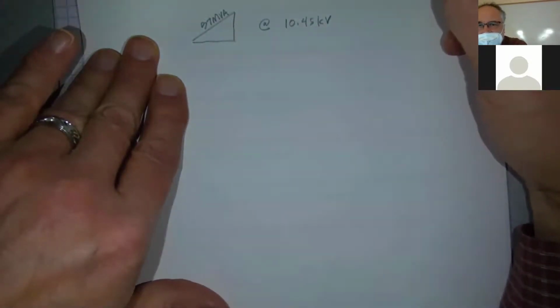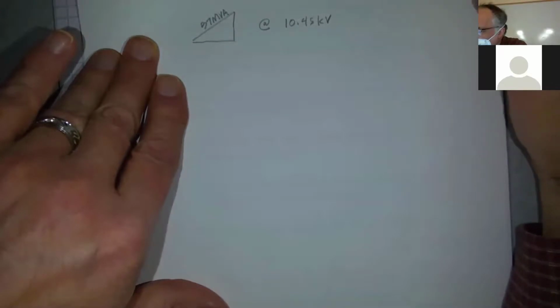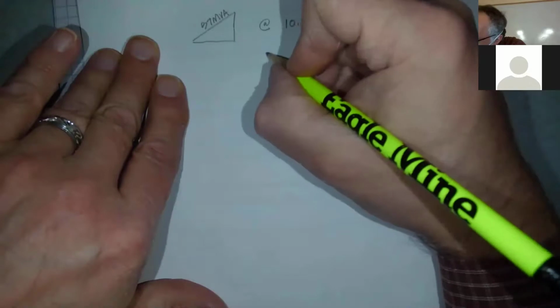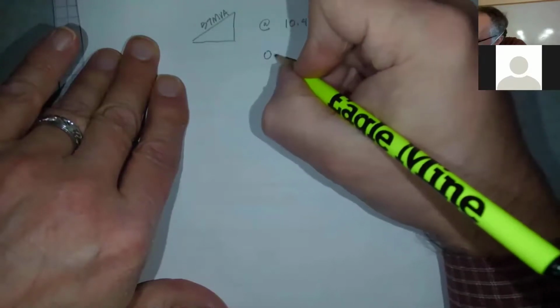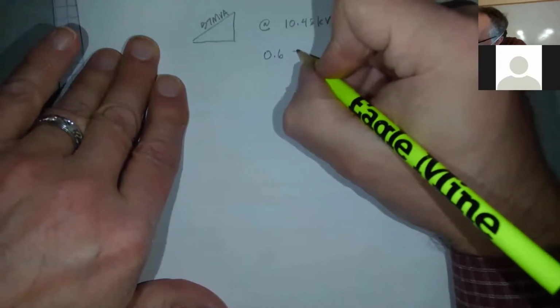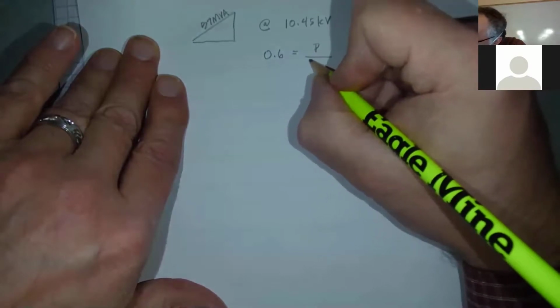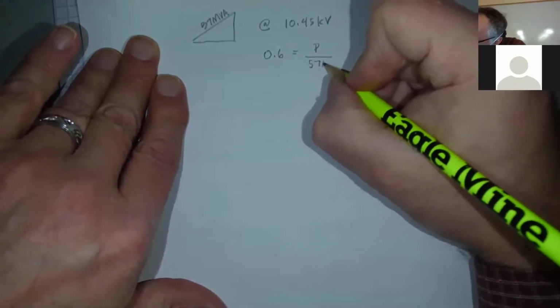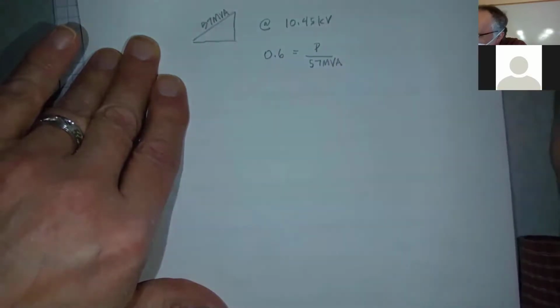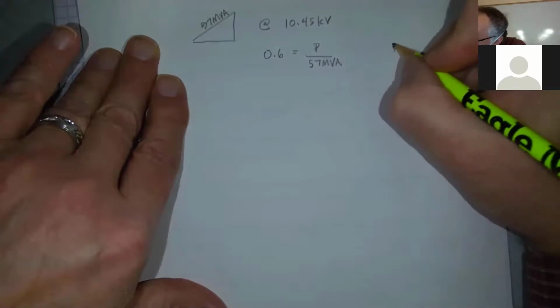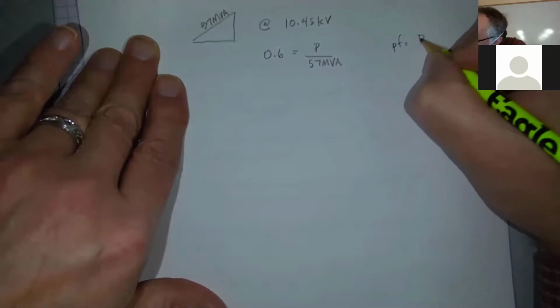And we got a power factor of what? 0.6, lagging. So that means 0.6 equals P over 57 MVA, because that's the definition of power factor. Power factor equals P over S.